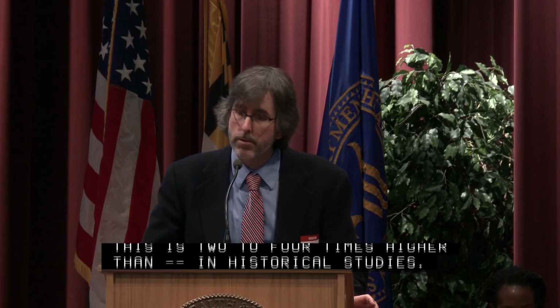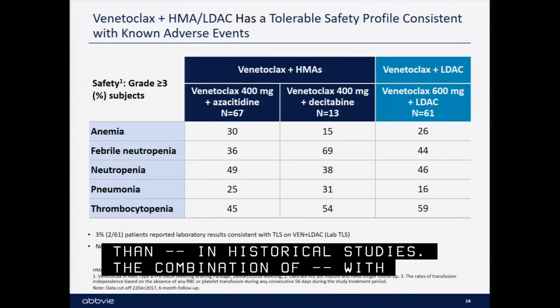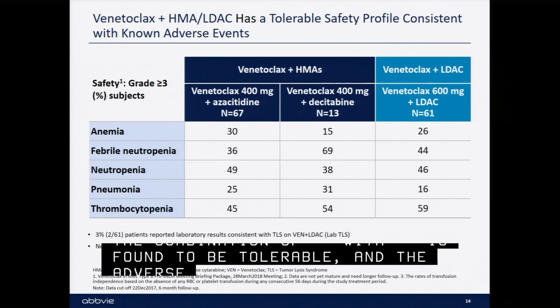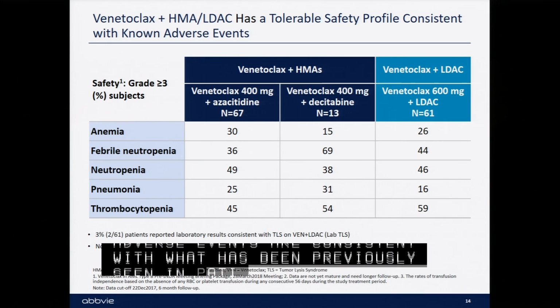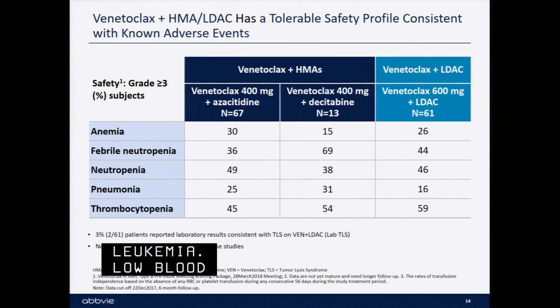The combination of venetoclax with azacitidine, decitabine, and low-dose cytarabine is found to be tolerable, and the adverse events are consistent with what's been previously seen in patients with acute myeloid leukemia. Infection and low blood counts predominate as the most common adverse events.